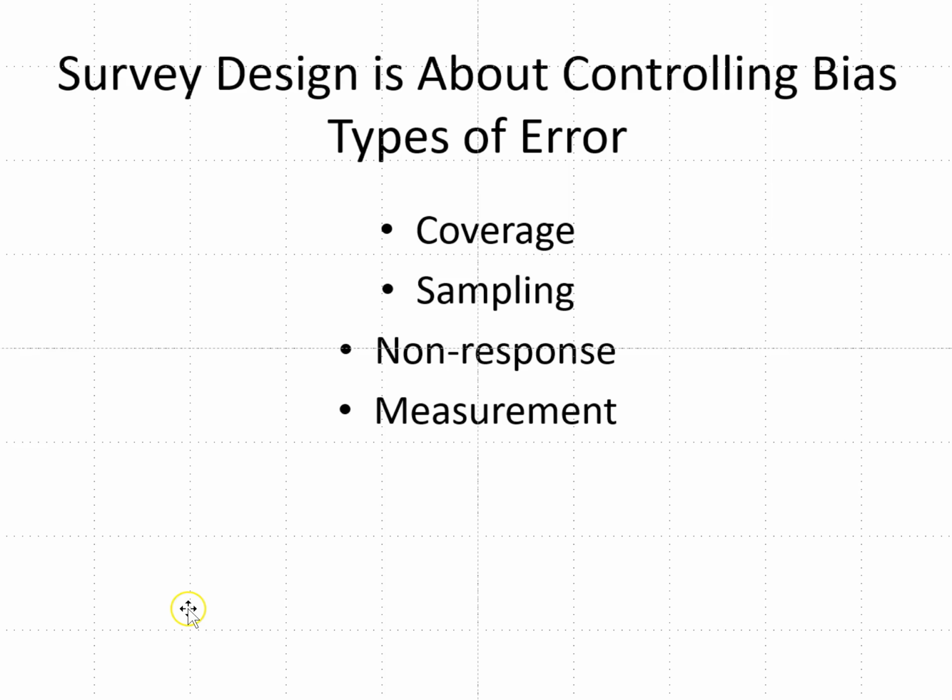Non-response bias or error, which is caused by people who don't respond to your survey, who don't return it or don't fill it out. What's the difference between them and those that do? Measurement error, that's when you ask a question that either is not consistent across people, or it could measure something not quite correct.